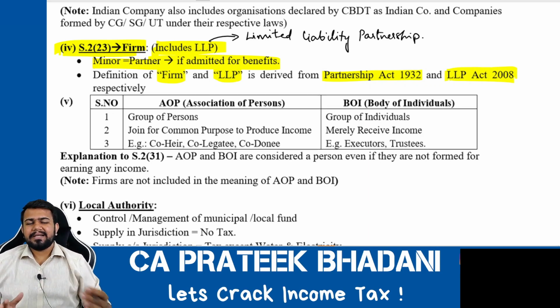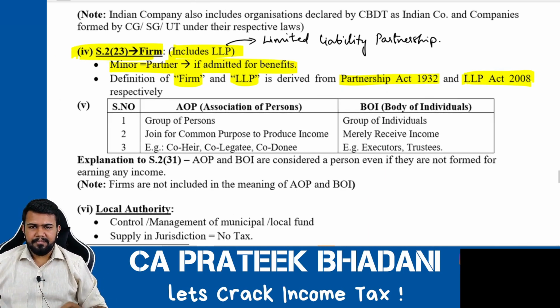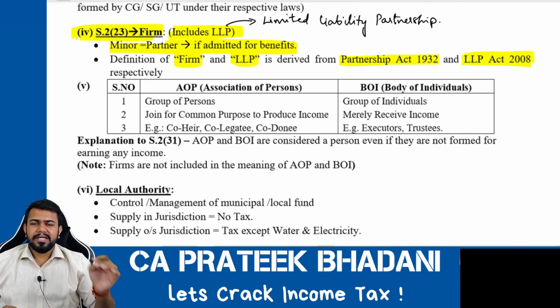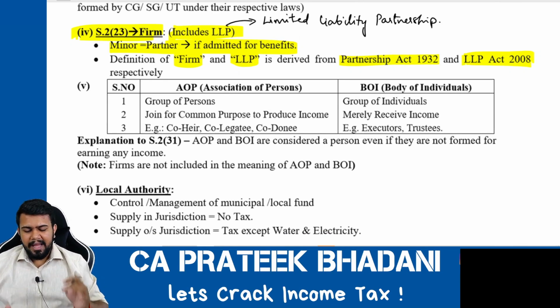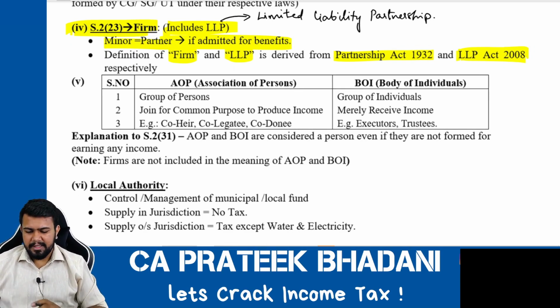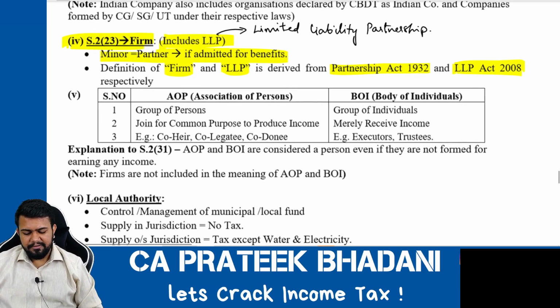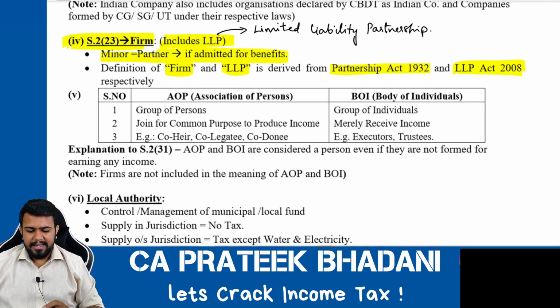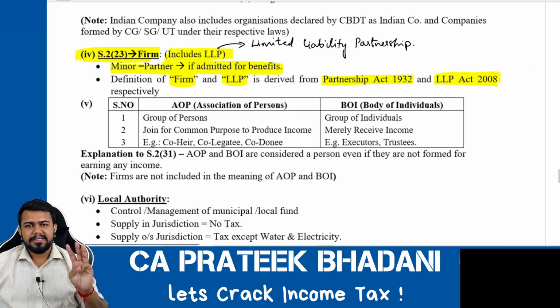So the Income Tax Act does not contain the meaning of firm. It only tells that firm includes a limited liability partnership and a minor will be considered a partner if the minor is admitted only for the benefits of the partnership firm. So this was the definition of firm as per the Income Tax Act.